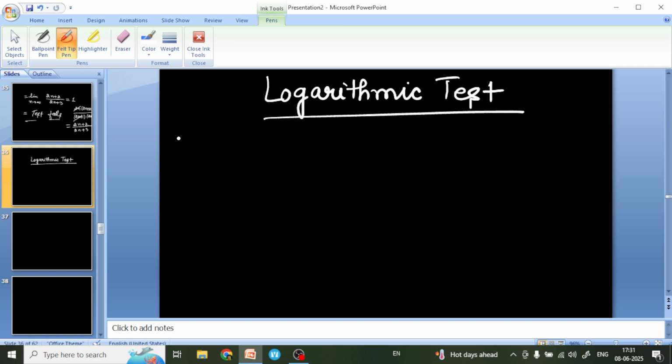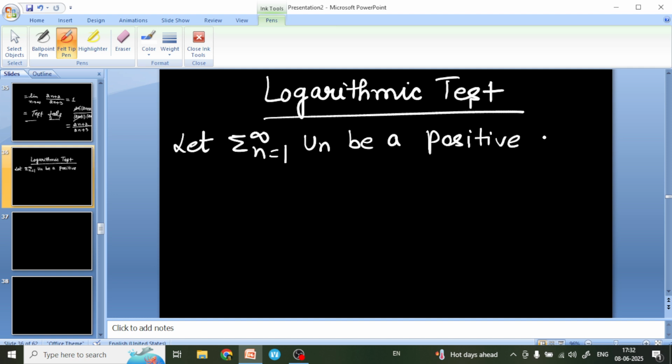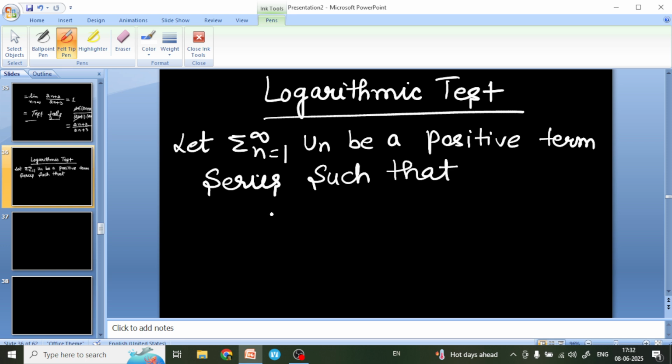In this test, first of all, you should let sigma n is equal to 1 to infinity un be a positive term series such that limit n tends to infinity n into un over un plus 1 equals L.